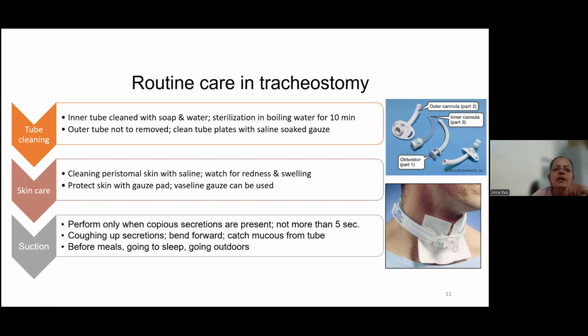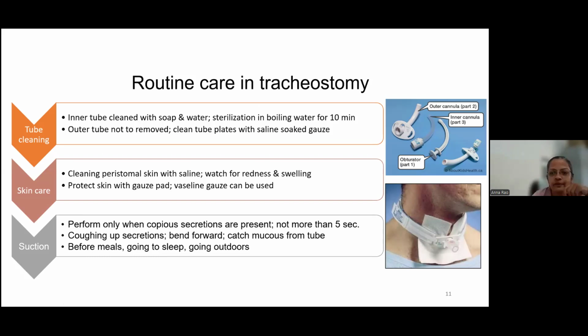So if the patient has a double tube tracheostomy, then while cleaning, what to do? It should always be clearly taught to the patient's relatives and, as far as possible, the patient himself. Encourage patients to take care of themselves as far as possible.